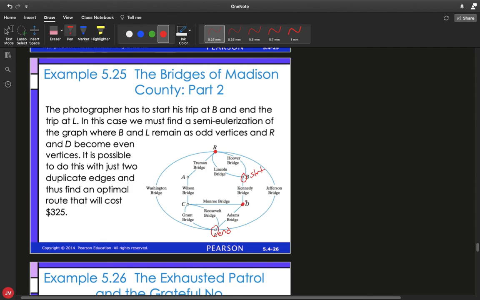So if you were going to start at B and end at L, now we have to get from D to R in as few spaces as possible. That's probably going to mean that we have to do the Kennedy bridge twice, and then either the Lincoln or the Hoover bridge twice. So now you're going to have to add two extra bridges at $25. It's still going to be $50 that you're adding. So once again, that optimal route ends up being $325.